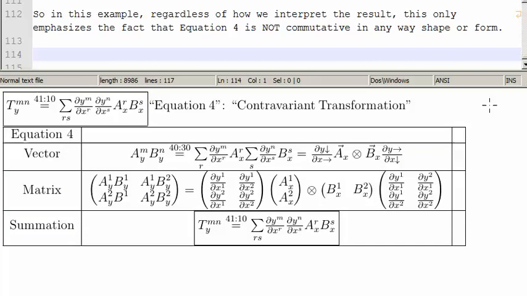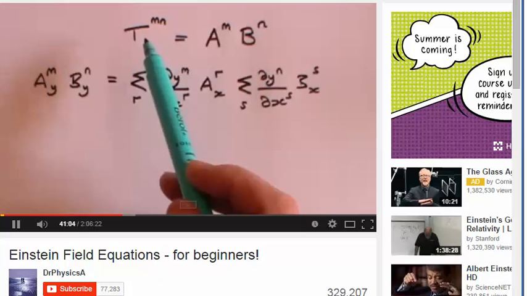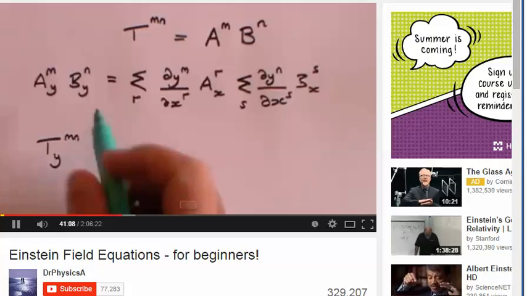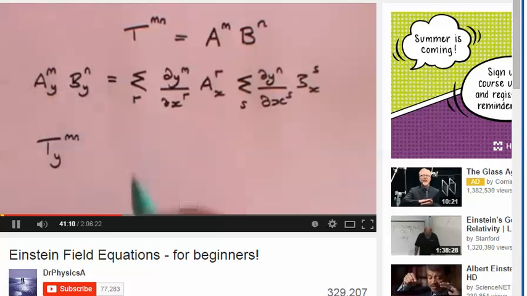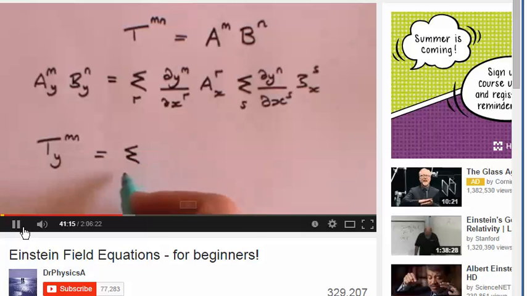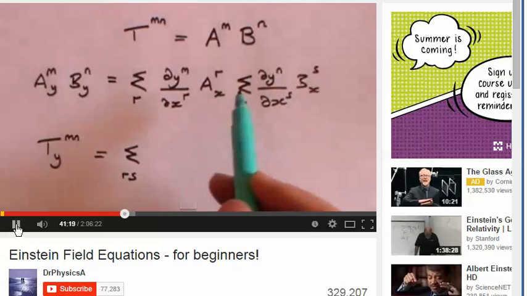So AMBN, well, that's just the tensor TMN in the Y frame of reference, because that's what we selected here. And that is going to be equal to the sum over R and S. That's not quite the right way to do it, but essentially you've got two sums. And I think that's the key phrase there: this is not quite the right way to do it.